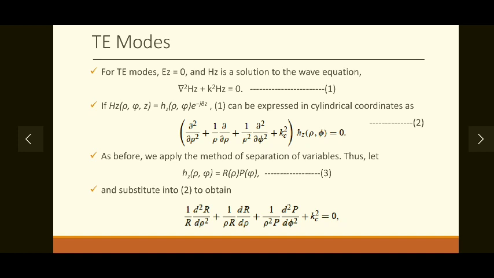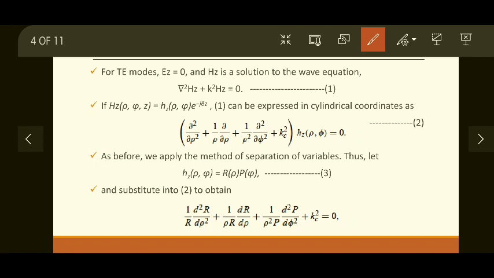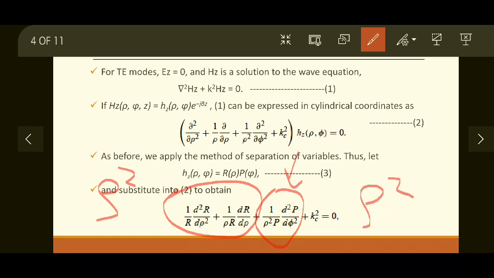Now if you observe, it contains terms in two variables, one is rho and another is phi. So I can rearrange this. Also in this one, you can observe there is 1 upon rho square, so I can multiply the entire equation by rho square. Here also rho square, 0 into rho square will be 0.